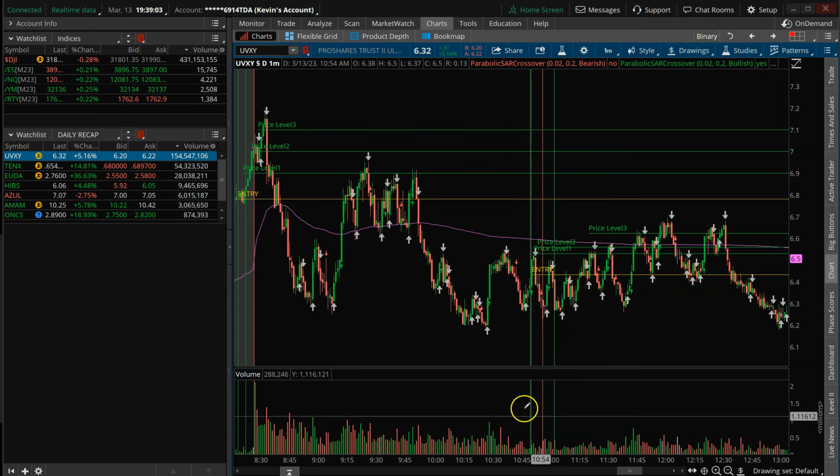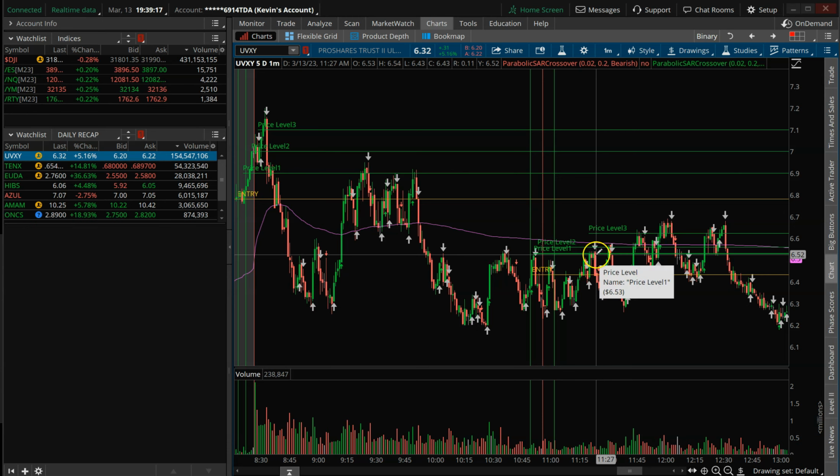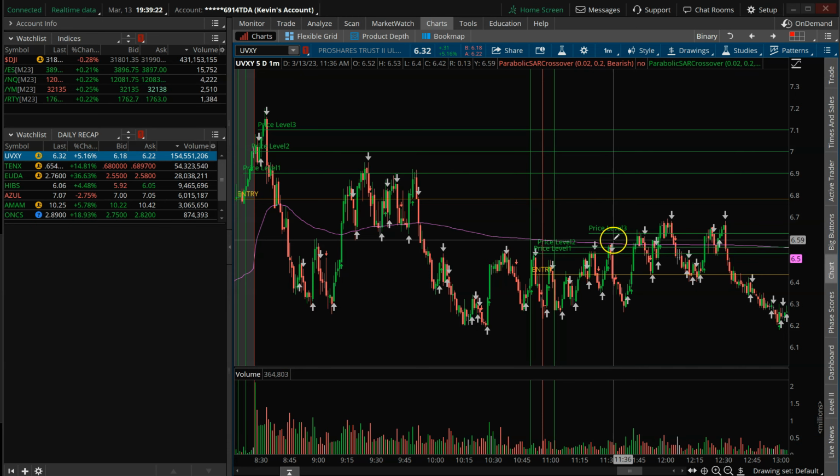This was later on in the morning, around 10:45 or so. I did enter where that yellow line is, at that entry point. The market came up to level 1 and hit level 2, and I was waiting for it to go through level 3. It did not hit level 3, so I held out, feeling it was going to take it out.